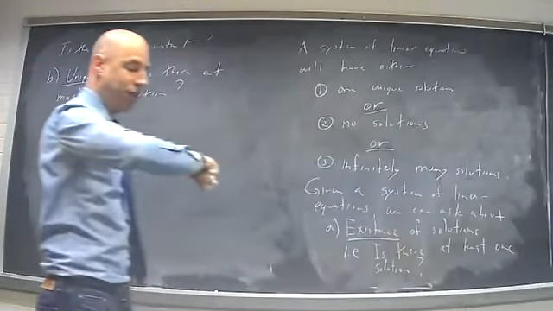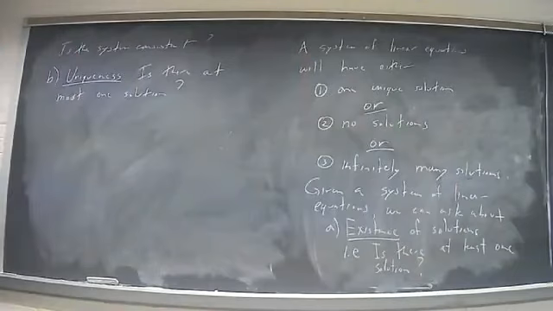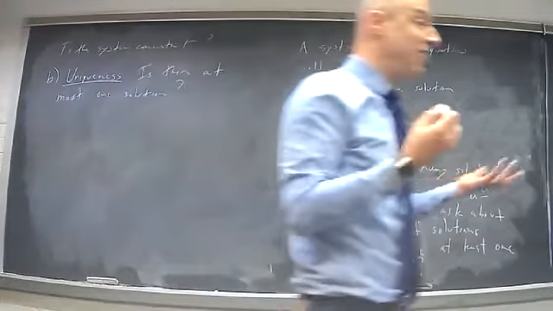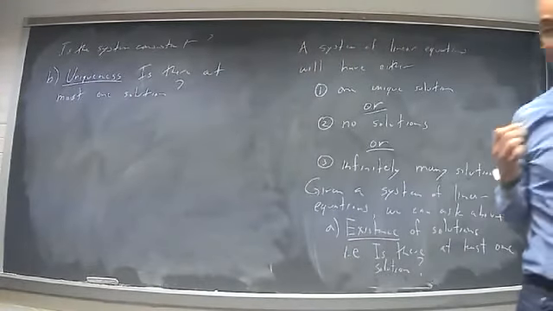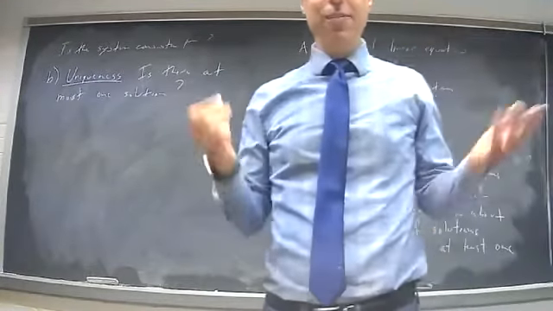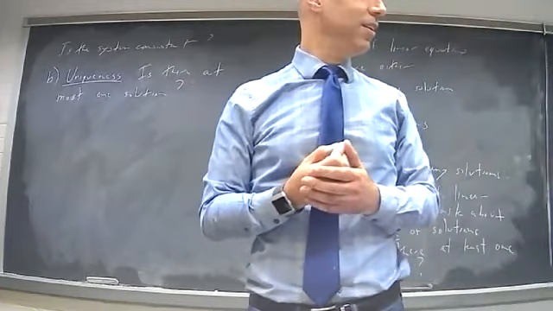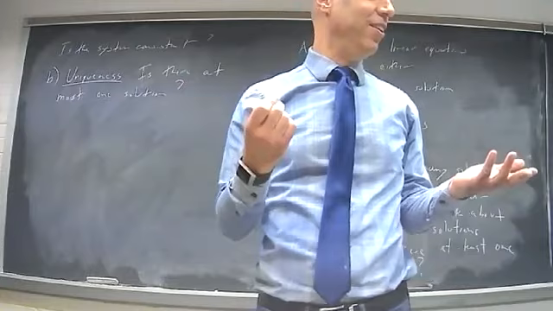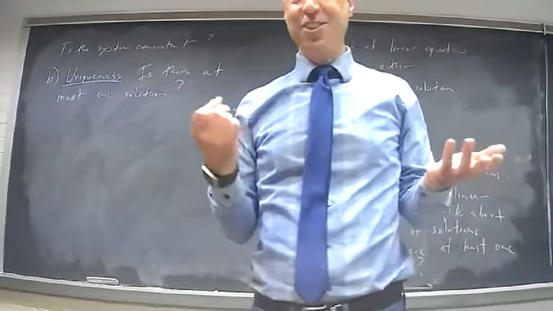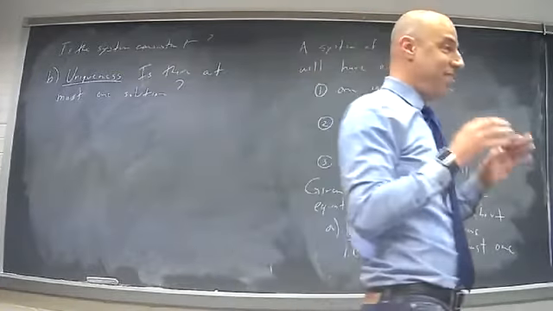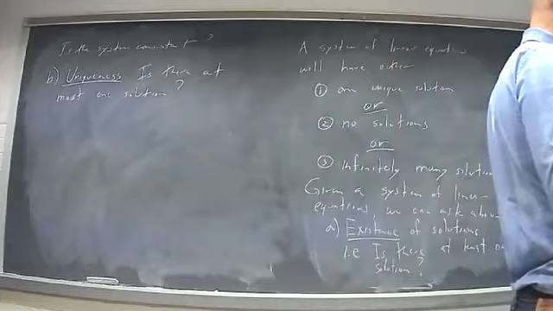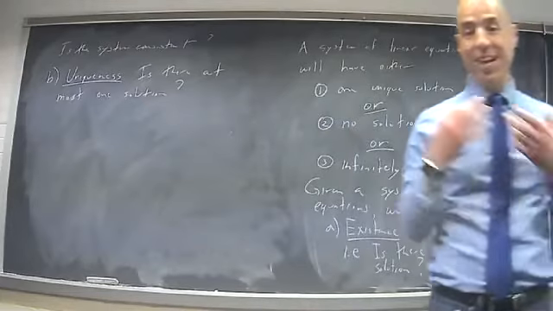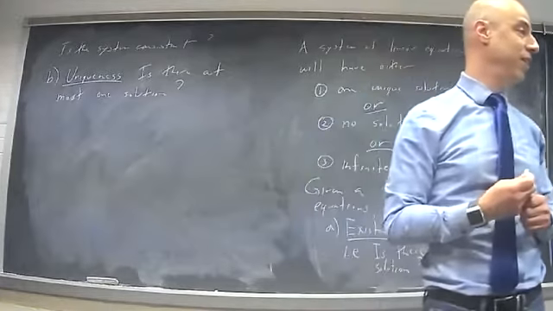Is there at most one solution? If we have both existence and uniqueness, if there is at least one solution and there is at most one solution, what can you tell me? If there's at least one and at most one, how many are there? One. Good. Yeah, there's exactly one solution.